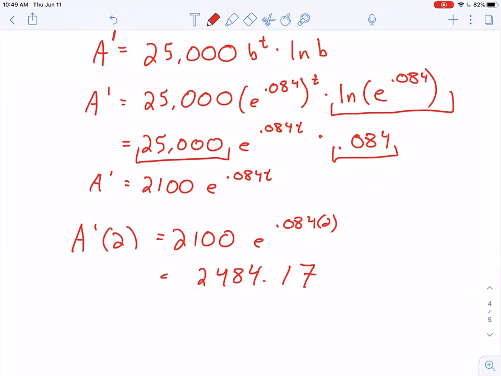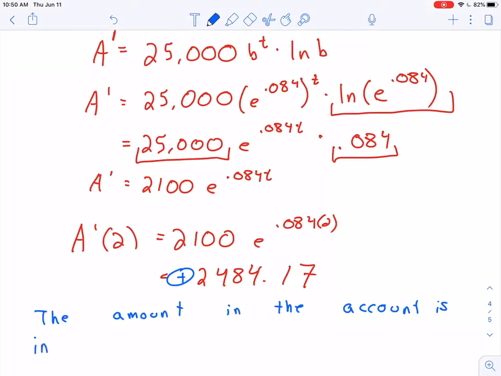So that is my instantaneous rate of change, but I'd also like to talk about what this means. Well, what does this number represent? Remember that this is the derivative, the instantaneous rate of change. So this means the amount in the account is either increasing or decreasing. Well, we can tell because this is a positive 2,484.